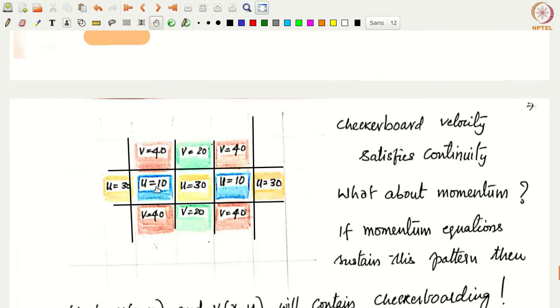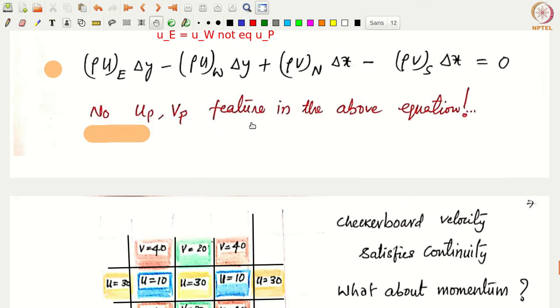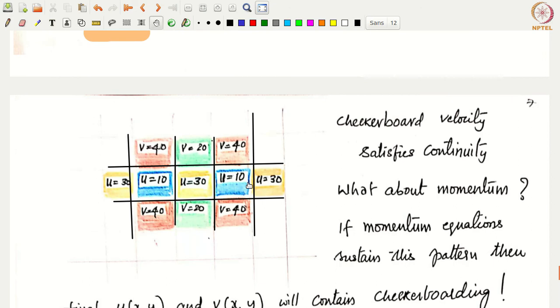So this is 10 and this is 10. So this 10 minus this 10 satisfies it. Similarly, V north and V south would be 20 and 20. As a result, this gives you perfect conservation of mass for this kind of checkerboarded velocity, right? Although we know that the velocity itself in the U and V components has oscillations, right? There is a kind of chessboard or checkerboard pattern existing, which is satisfied by this kind of continuity equation.